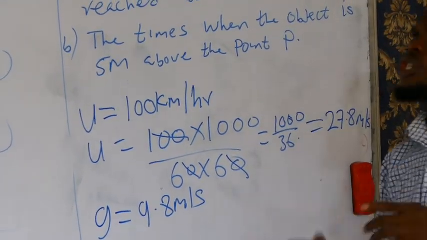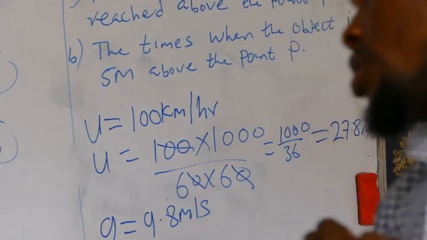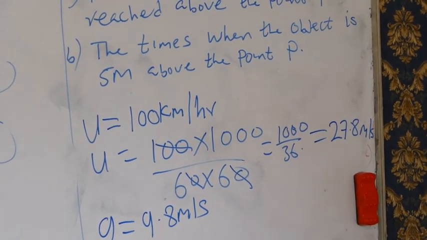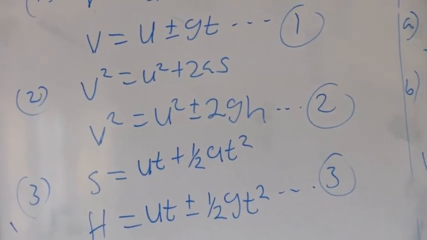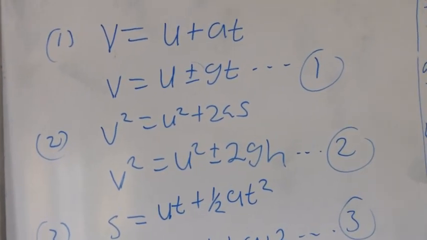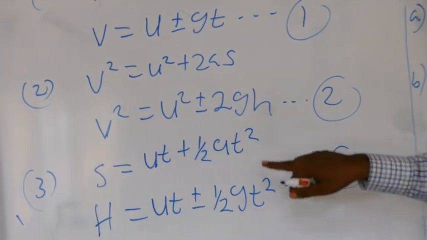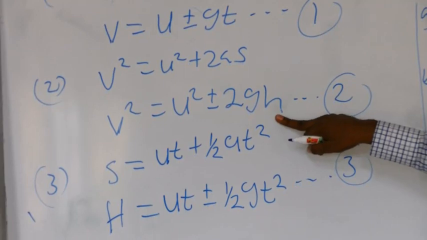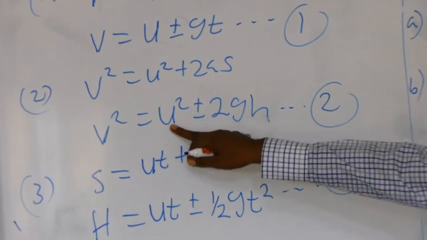So like I said, which of the equations of motion has distance or height, as the case may be? You observe them carefully. If we look at equation 2, it has height and initial velocity.